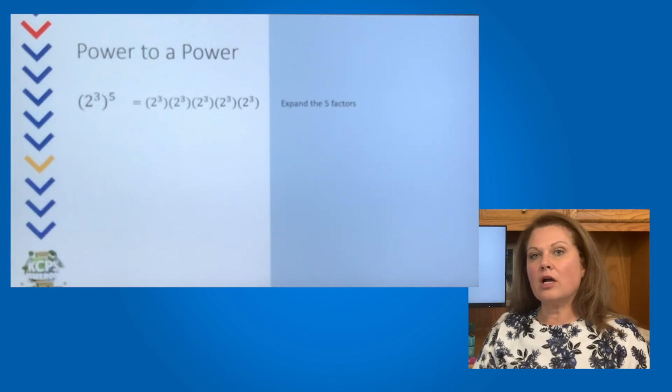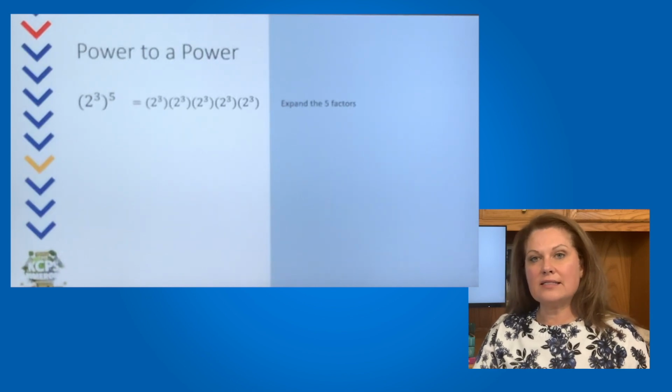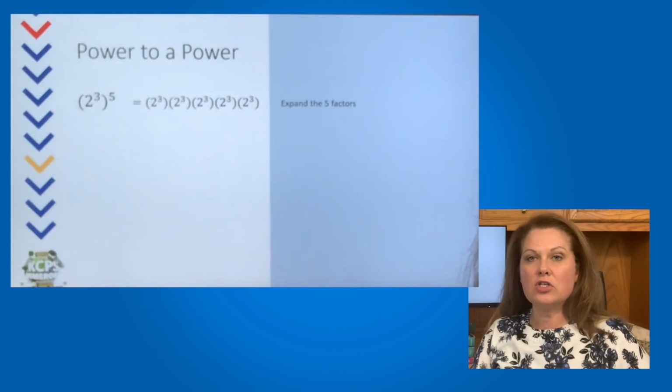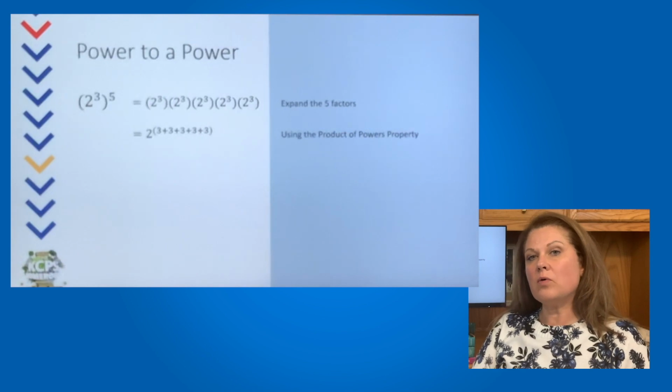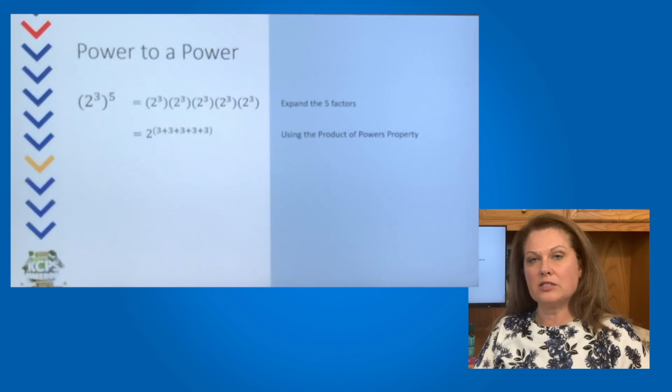Now remember, with the product of powers, we can simply add our exponents if we have the same base. We have the same base of 2, so that would look like 2 to the power of 3 plus 3 plus 3 plus 3 plus 3.